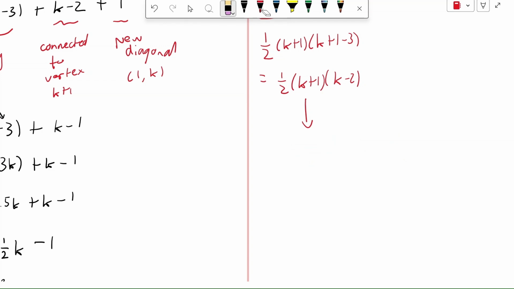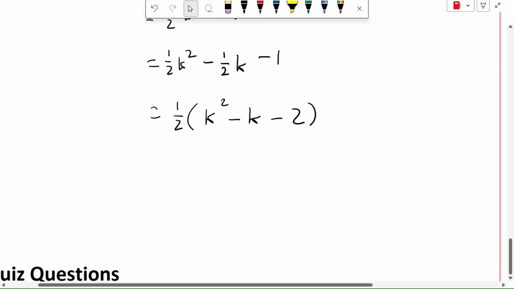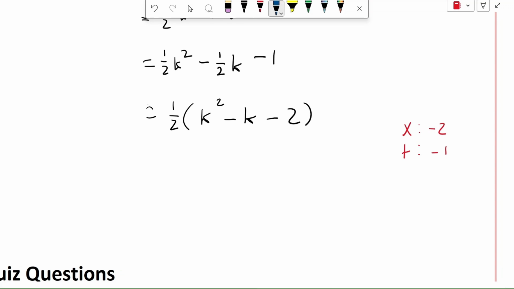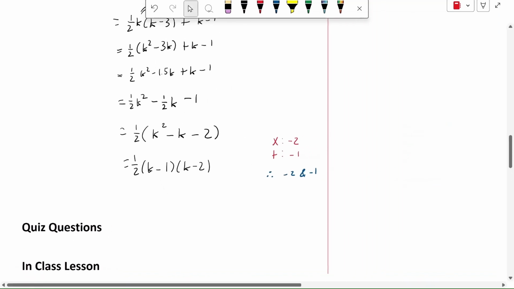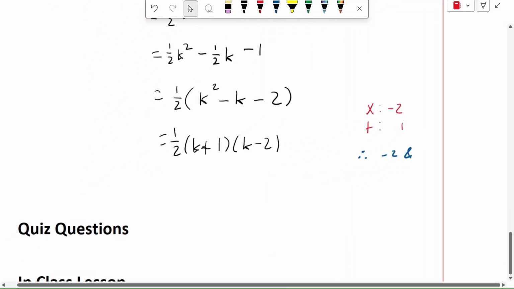But the more elegant method is to use sum and product. What would multiply to give minus 2 and add to give minus 1? Those 2 numbers are minus 2 and plus 1. Sorry, that was my bad, it should be positive 1. So we get (k-2)(k+1), just like that. That's a little bit nicer, and that does match our want to show.